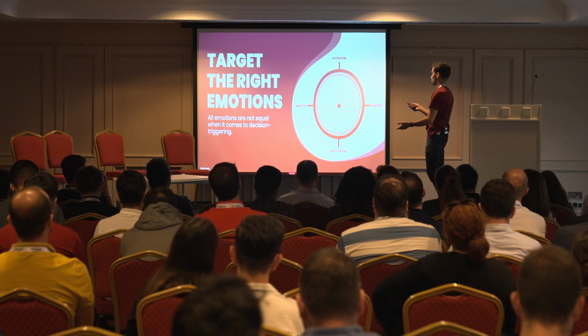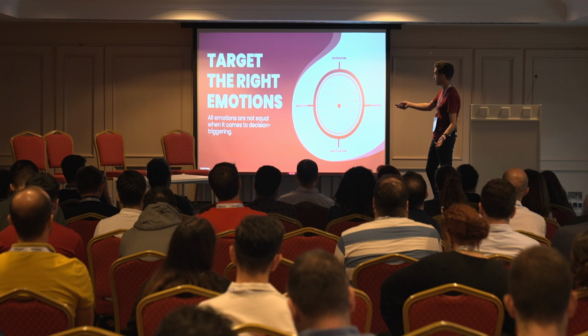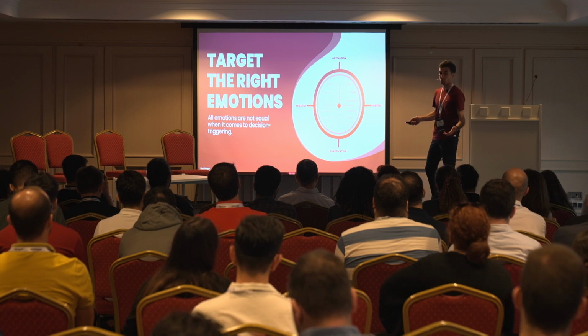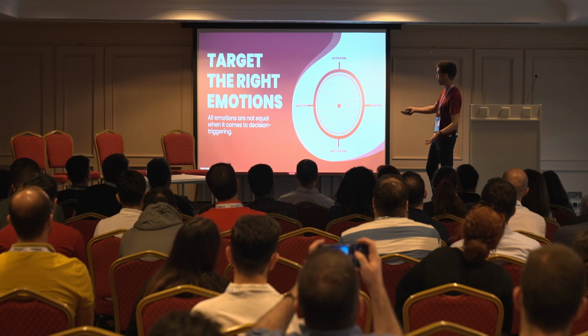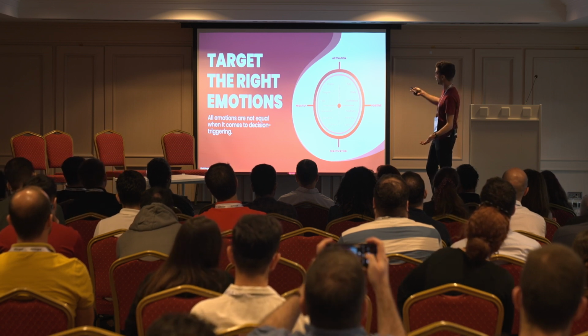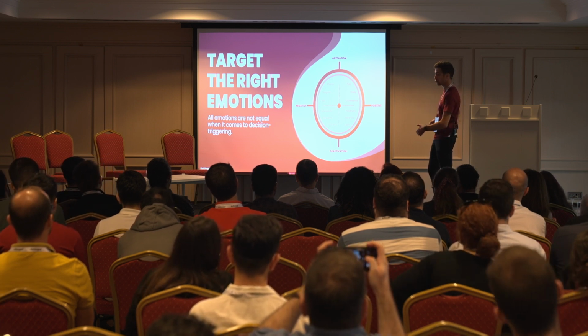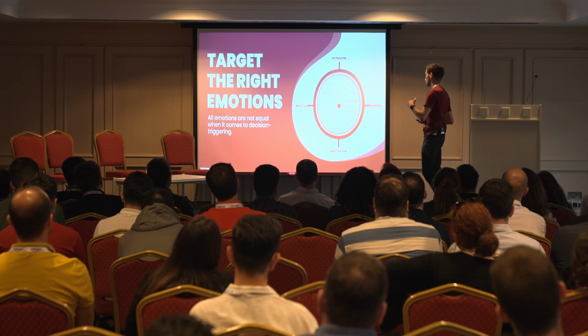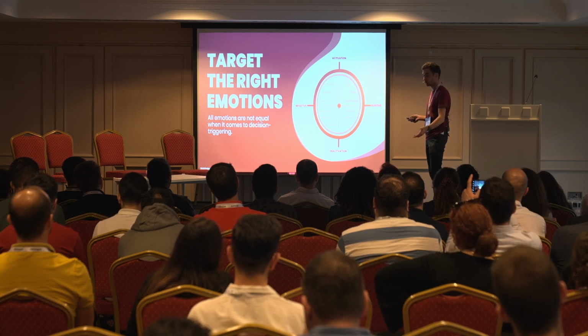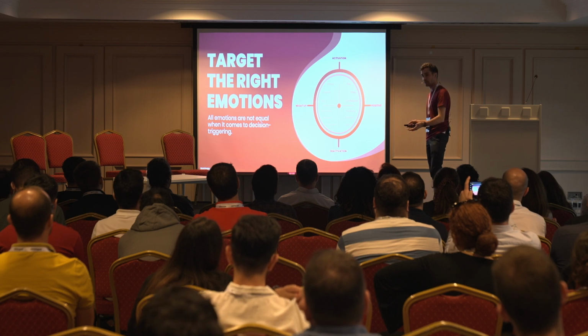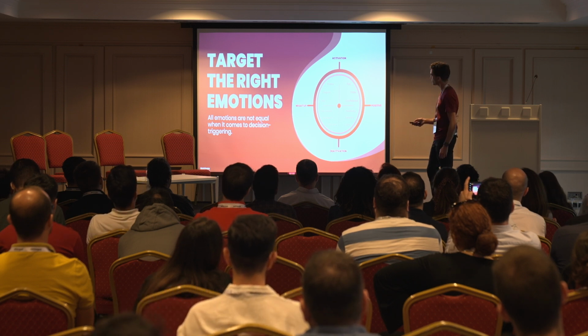To give you an example of how it works, boredom is a mildly unpleasant emotion that has little to no chance to lead to conversion. On the opposite, if a creative is fun, it's generating positive emotion, obviously, and is highly likely to convert.